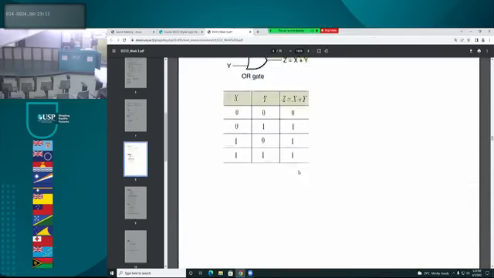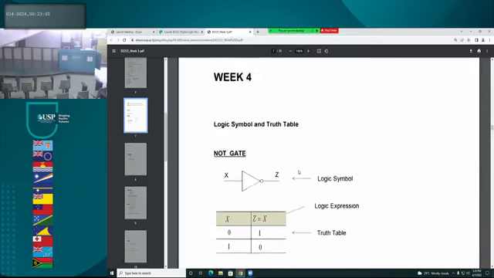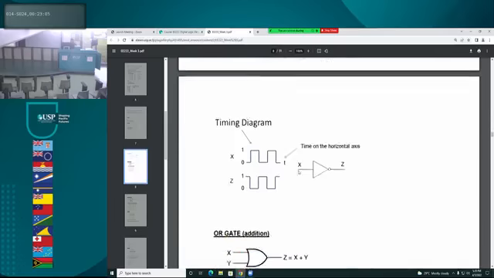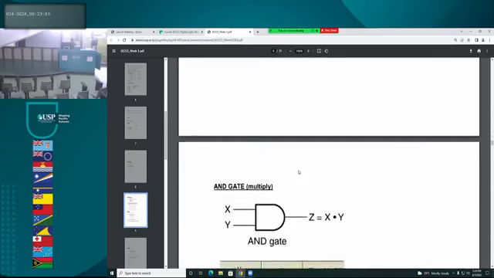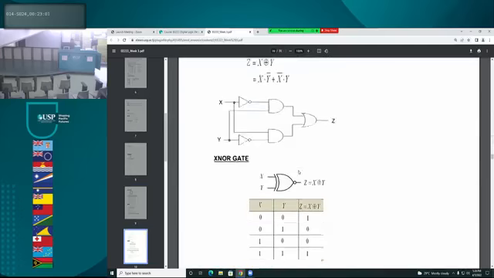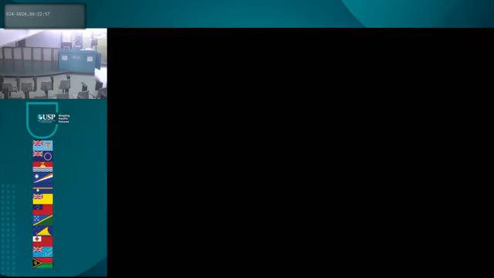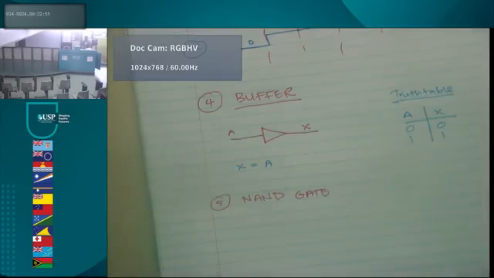AND gate. Okay, no problem. I'll show it from here. I'm not sure where in the lecture notes it is.